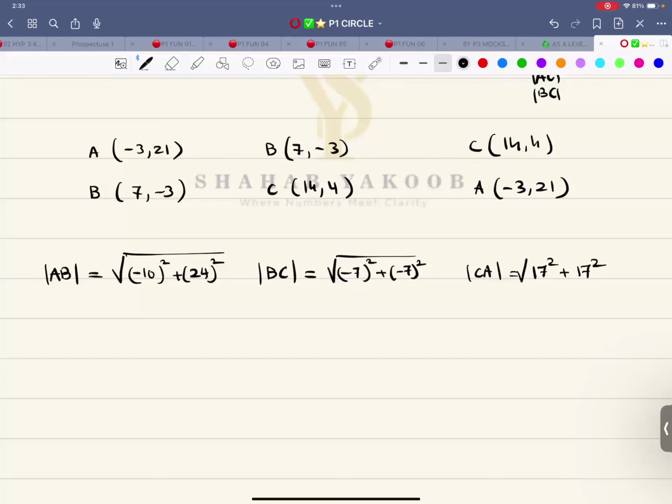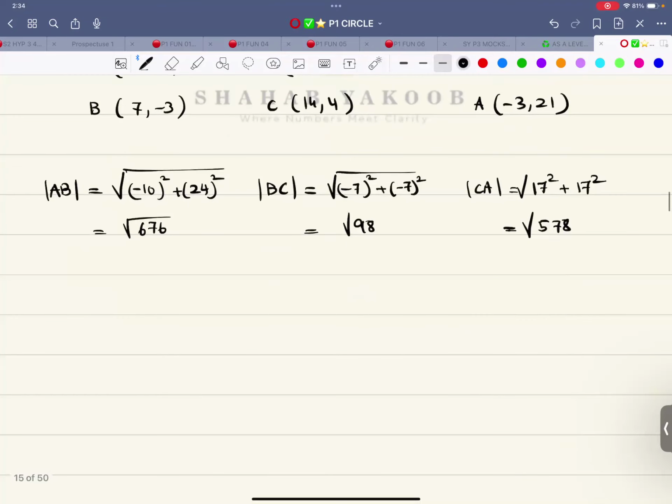First of all, 24 square is 576 plus 100, that is 676. So this is root 676. 7 square is 49, 49, 49, that is 98 square root. And this one is 17 square, which is 289 plus 289, that comes out to be 578.